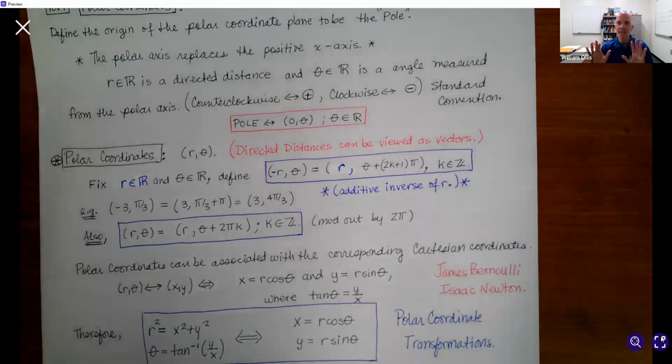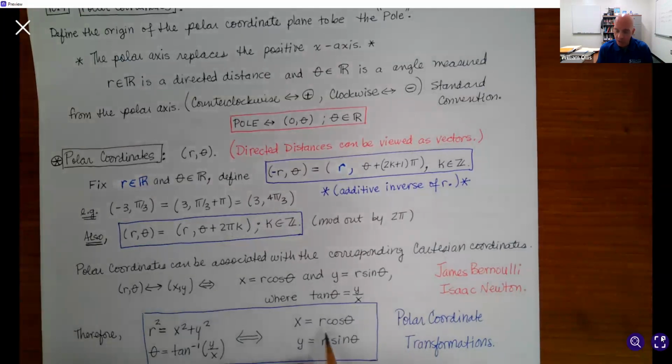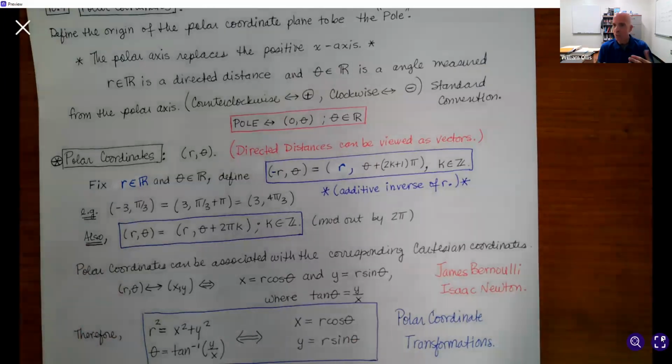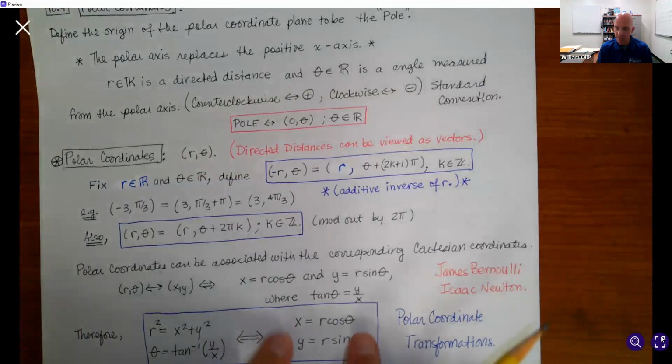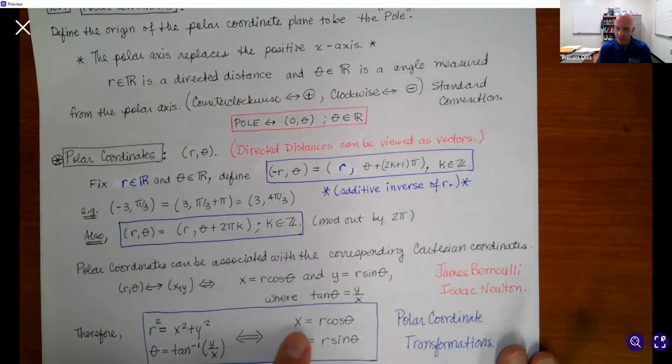There are all kinds of hidden magical properties that we can use as we do mathematics, and this is certainly one of them. If we look at the trigonometry here, we can define cos θ as x over r and sin θ as y over r, just like you did in trig. If you cross multiply, or, when we're doing our physics, we tend to focus on these equations since it's really easy to manipulate them in your head: x = r cos θ and y = r sin θ.